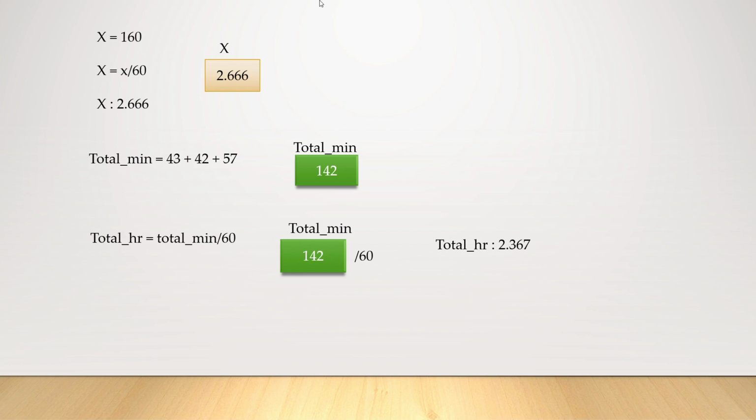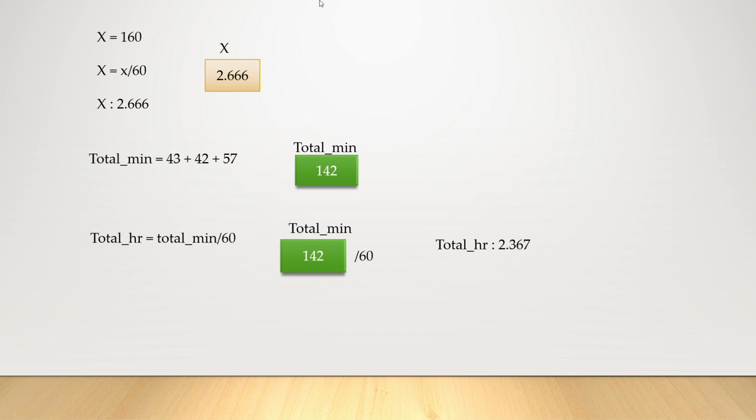We use the underscore to represent spaces here, as in total underscore minute. That underscore is used to represent the start of a new word. Capital letters can also be used.